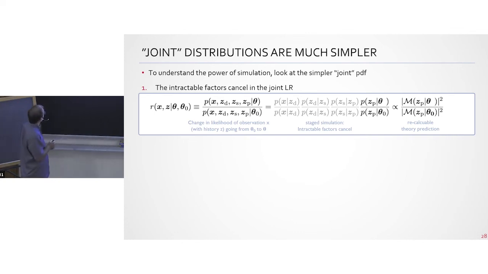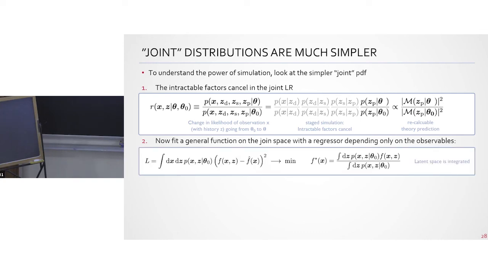In the joint space, one can take the likelihood ratio, and the intractable complicated factors factor out and cancel. So the likelihood ratio in the joint space has a much simpler structure that we have much better control over from the pattern level.